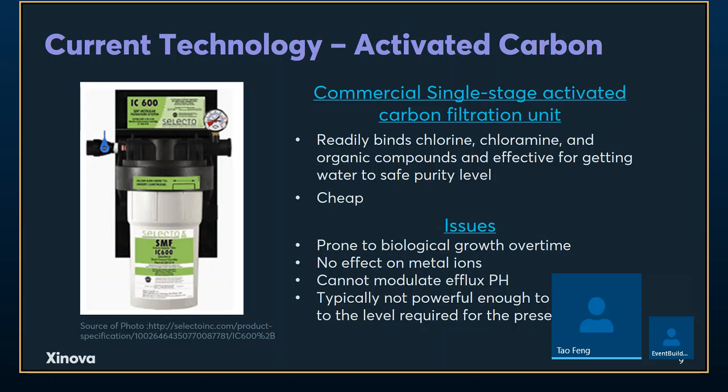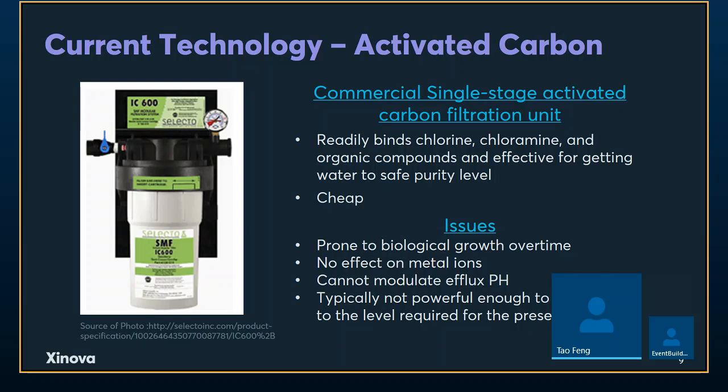From the company's website, it says Selecto filters allow users to reduce chlorine, chloramine, scale, bad taste, odor, and particles of the size from 0.5 to 1 micron at the highest NSF listed flow rates available in the market, 5 gallons per minute to 10 gallons per minute. I think this is very impressive, the 10 gallons per minute flow rate. But the issue is this unit cannot reduce the total dissolved solids to the level required by this R5.